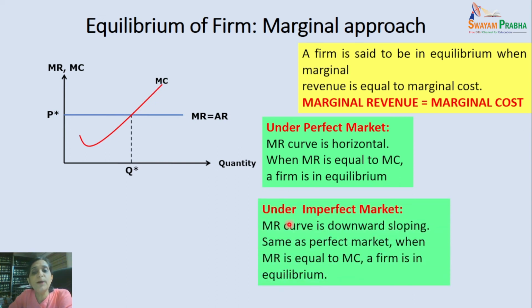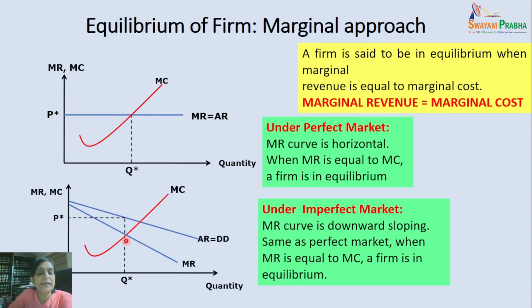When we talk about an imperfect market, no firm has complete control over the market. So the MR curve is downward sloping. It is different from your demand curve, and your marginal revenue curve is downward sloping like this. So this is an imperfect market where your demand curve or AR curve is downward sloping. The MR curve is also downward sloping.